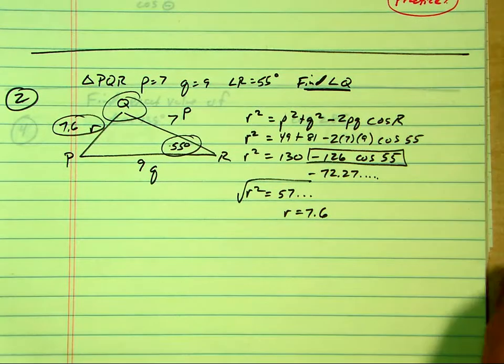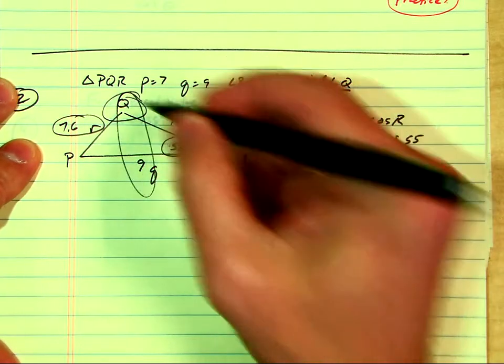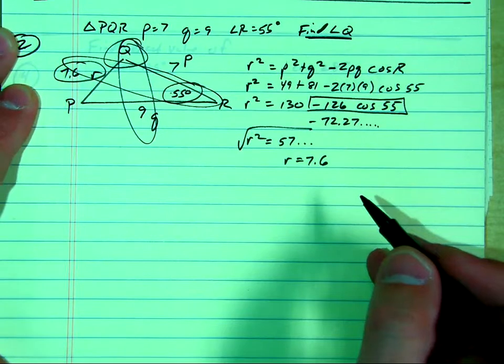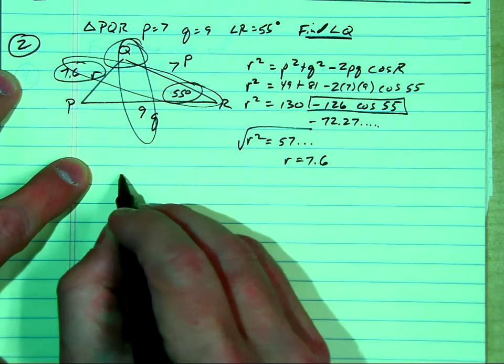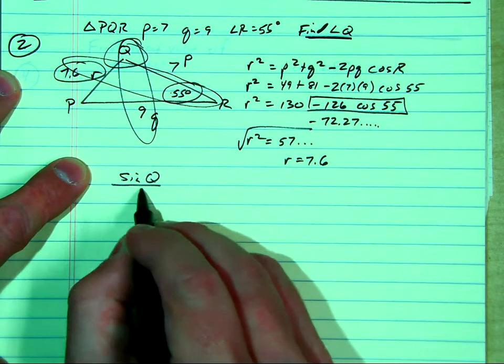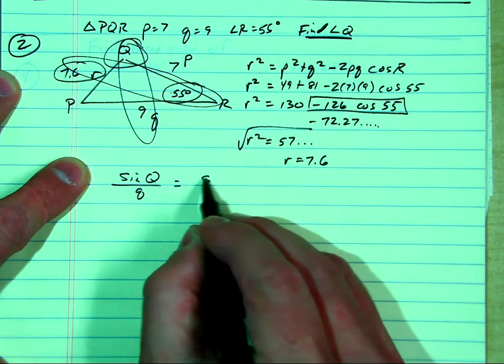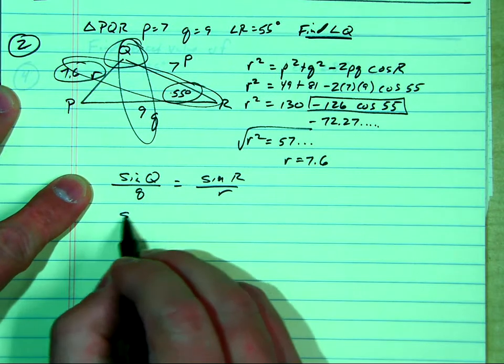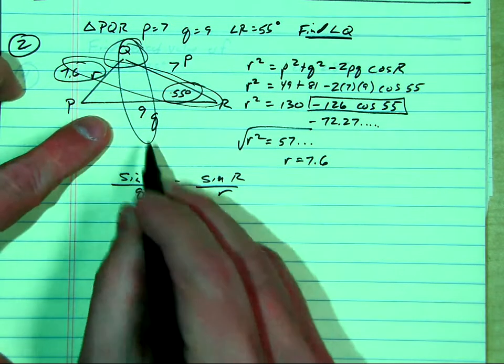Now, we're going to use that information and the law of sines to find the measure of angle Q. So, let's start off with Q. Sine of Q over little q equals sine of r over little r. Let's replace. Little q is 9.